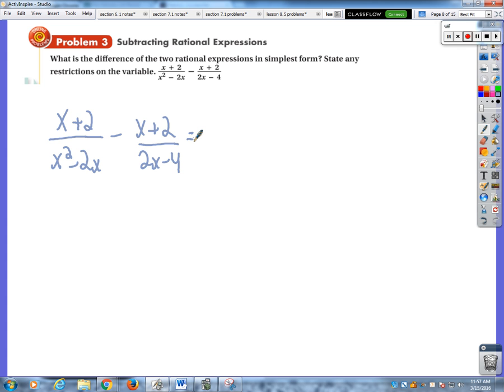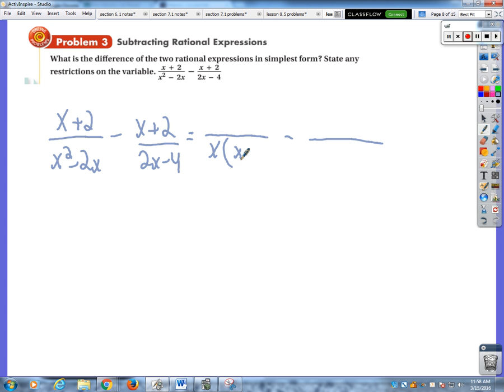And in order to know what my common denominator is going to be, what do I have to do? Factor. So, Austin, what does x squared minus 2x factor into? Yeah, I can take out an x. And if I take out an x from x squared, what am I left with? X. And if I take an x out of negative 2x, what am I left with?